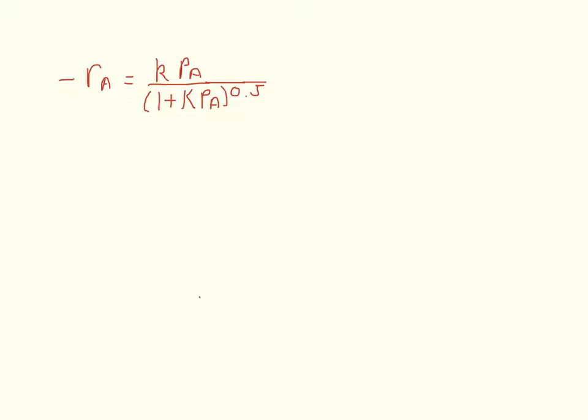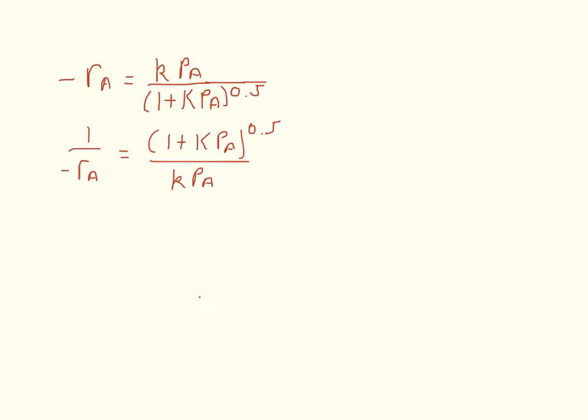Whenever you see a summation in the denominator, as you see on the right-hand side, one of the first things to try is to flip the equation over. So we'll have 1 over the rate equal to 1 plus K PA to the 0.5, divided by k PA.